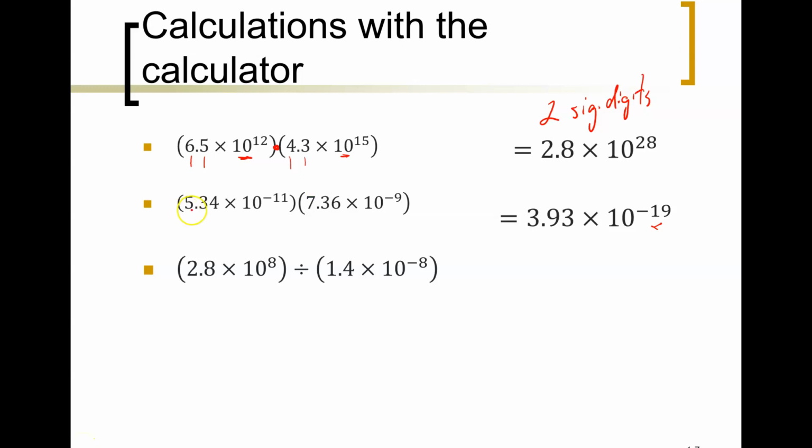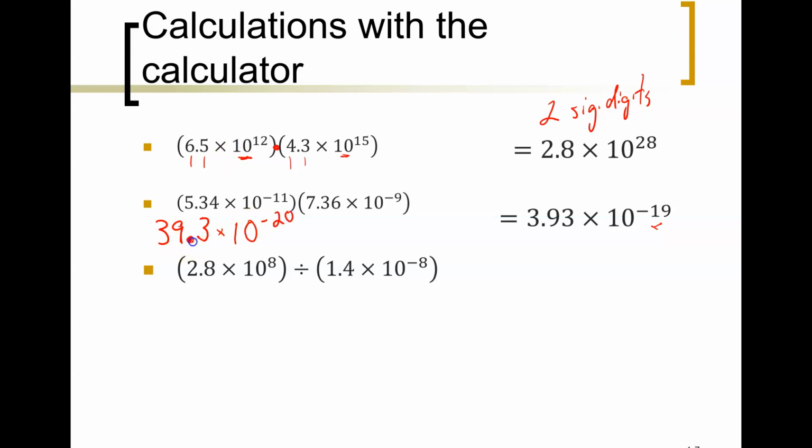If we multiply 5.34 by 7.36, it's 39.3024. That's what the calculator says. Let's just stop that at 3 significant digits, okay? 39.3. And if we add the exponents on the 10, we get 10 to the negative 20.